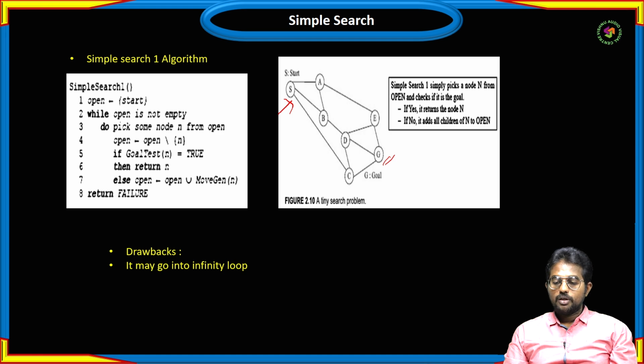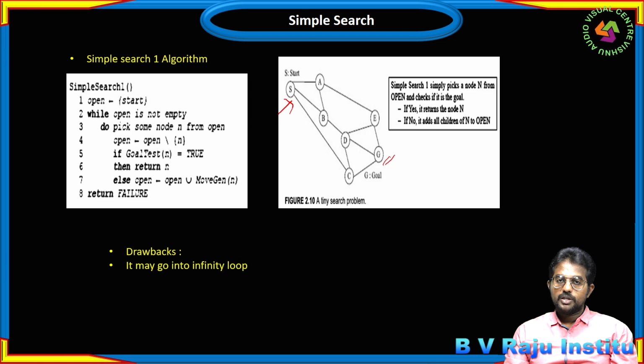In this algorithm, we have to go from the start state to the goal state, and we don't have any information about which path to take, so it comes under blind search. First, we select any node. We take an open data structure, which is a bag-like data structure in which all the elements will be there.